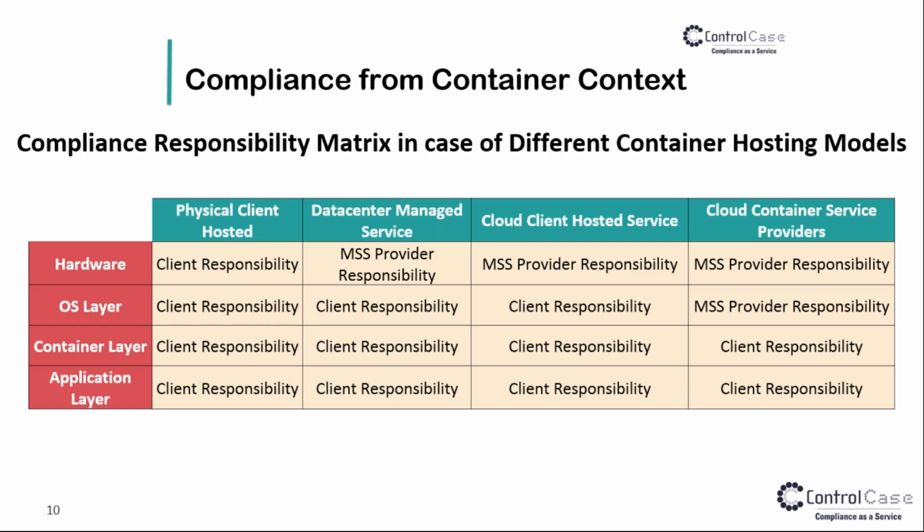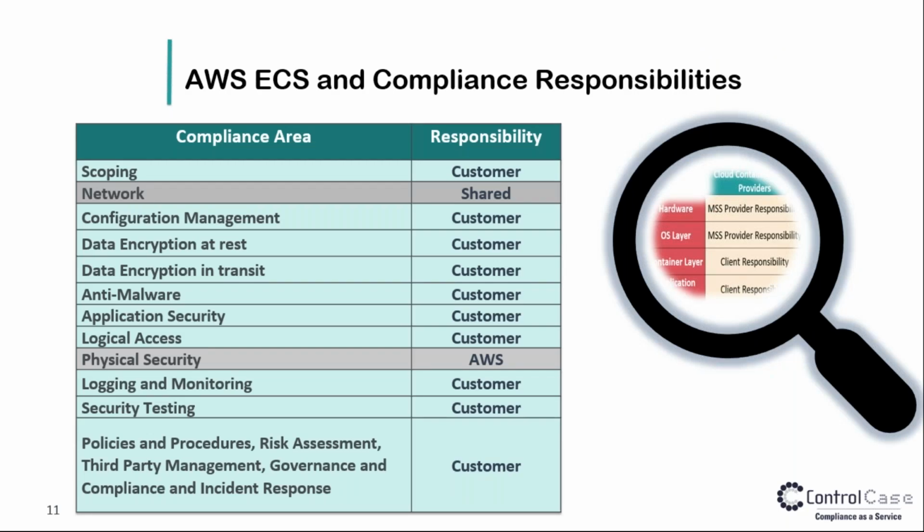And here comes the complexity of who owns what responsibilities with respect to various layers. The table shows compliance responsibility metrics in case of different container hosting models. And now we will look at the AWS ECS and the responsibilities with respect to compliance.